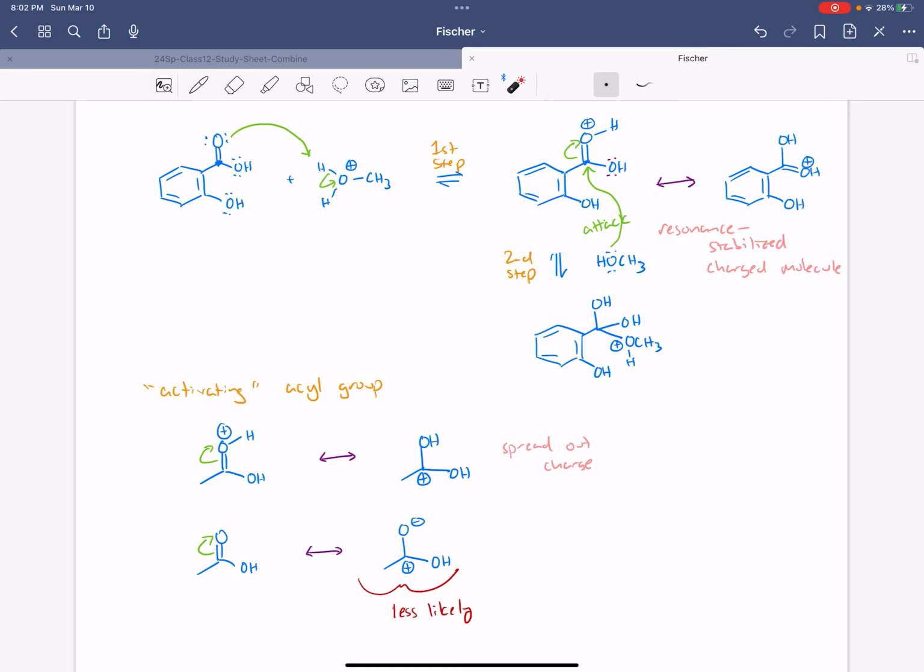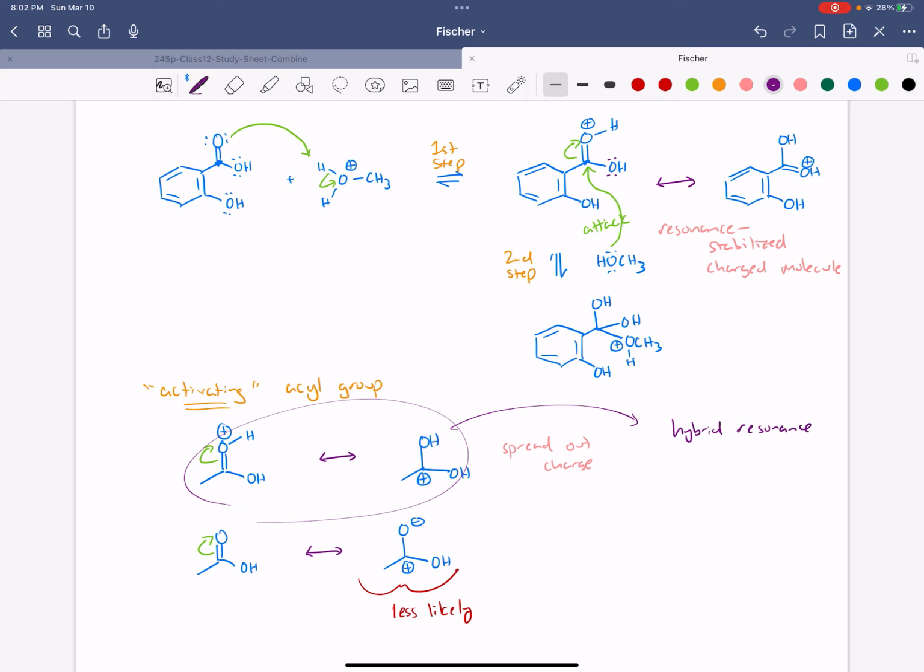Now, why is it activating? It's activating because when you draw the hybrid, and what's a hybrid? The hybrid is the combination of your 2 resonance structures. So here we'll call the hybrid resonance.